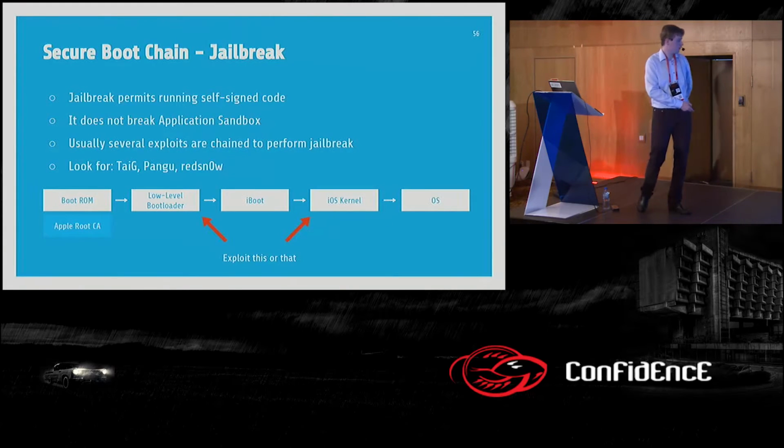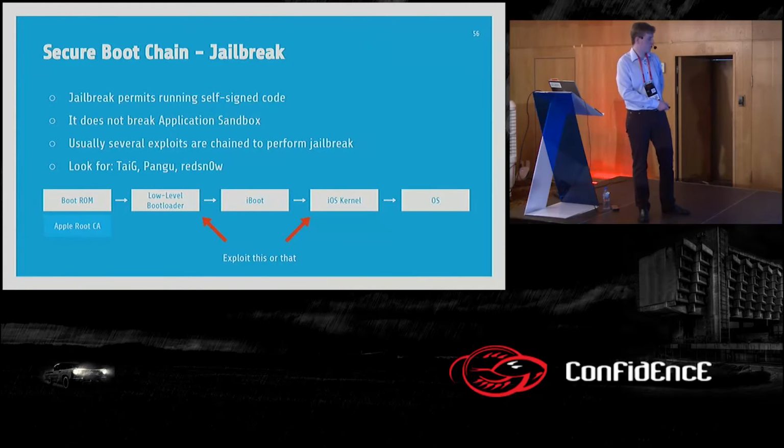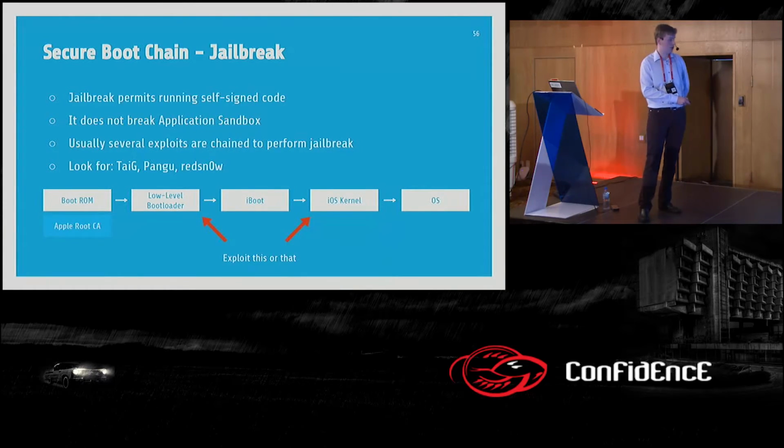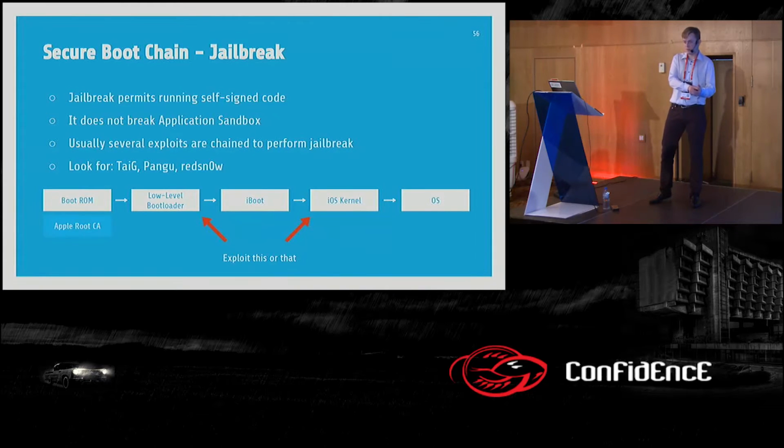I have some additional slides. So this is how the booting process looks. You have the root CA lying down in silicon. Then you have LLB, iBoot, the iOS kernel, and the OS itself. And what jailbreakers usually do is exploit this or that. This will probably give you a tethered jailbreak, which means that you have to have your iDevice plugged into the PC, and once you reboot it, you lose the jailbreak.